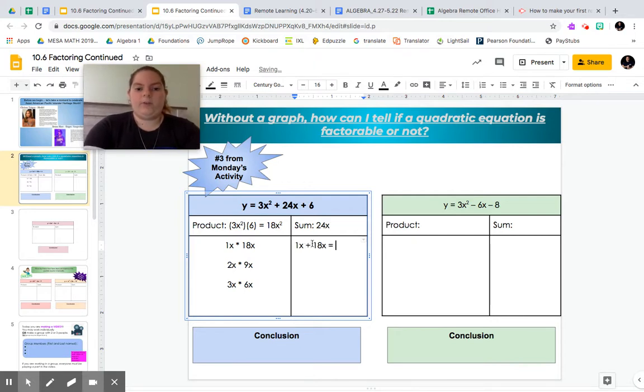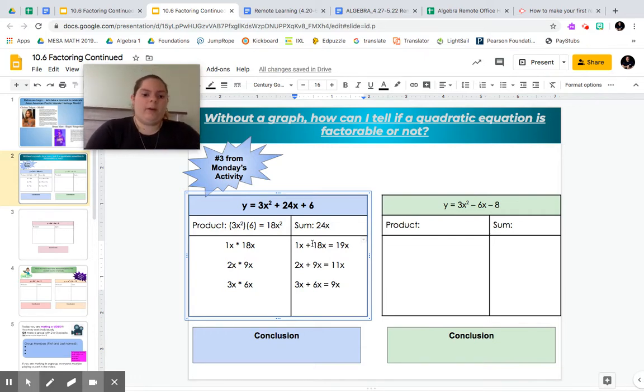For some of you, this may be a review, and that's perfectly okay. We all could use a little dusting off of those cobwebs from before spring break. And the last one, 3x plus 6x equals 9x. Okay. So if I did my math correctly, these are all the factors of 18x squared.